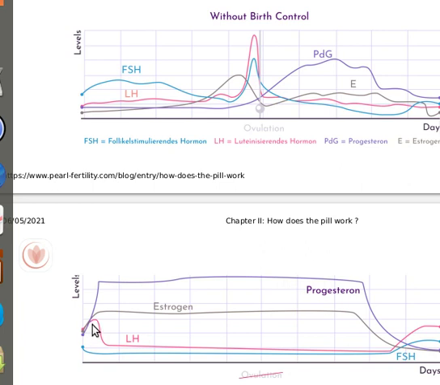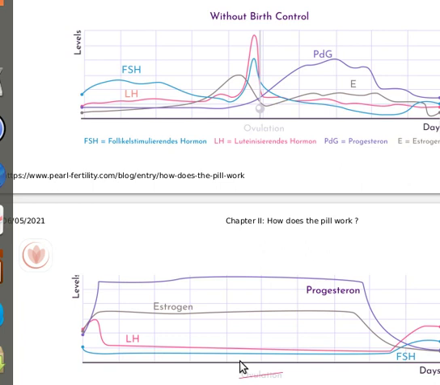So the thing is, LH is suppressed, and that means this luteinizing hormone does not cause ovulation, and FSH does not cause an egg to develop. That way, there is no ovulation when you take the pill.